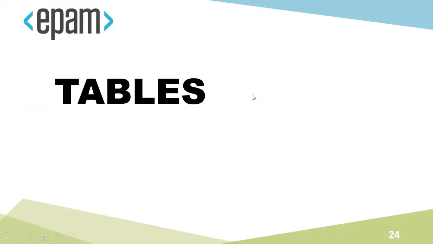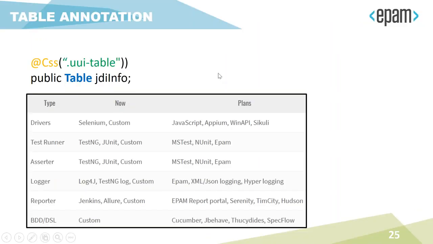Okay, these are complex elements, and I want to show you what I think are the most complex elements that we have in JDI: tables. Simple tables like this, just with rows and some values, can be described really simply, just with a root locator.